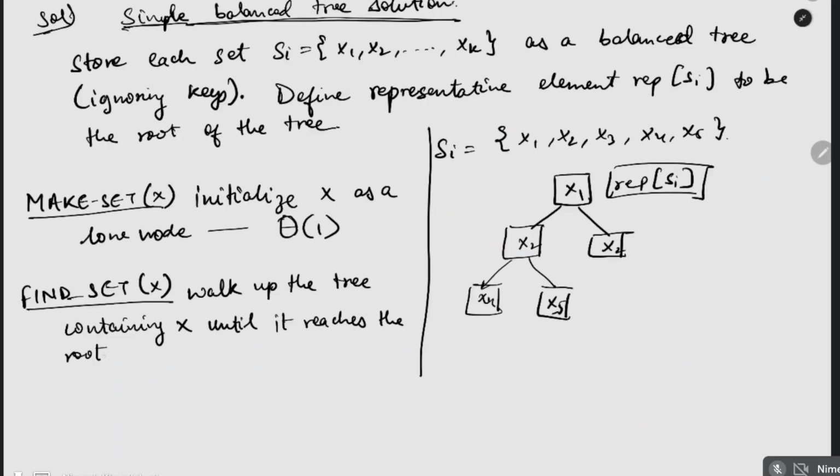So until it reaches the root. So this is essentially a walk up the tree. So what is the runtime order of a tree walk along its height? Because the height is of the order of log n, the walk along the height will also be of the same order, of log n.